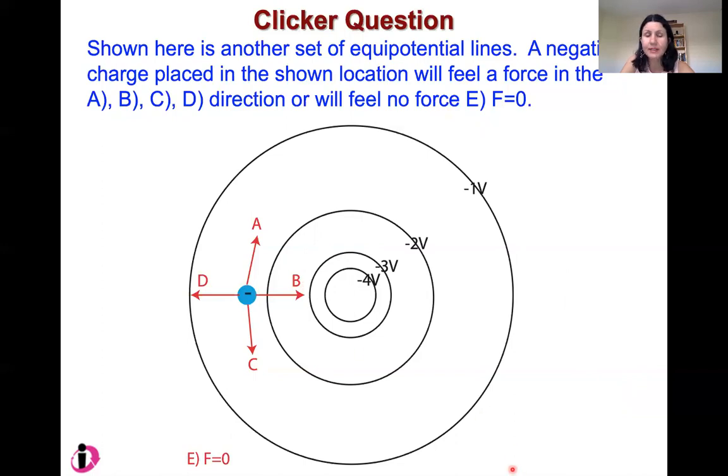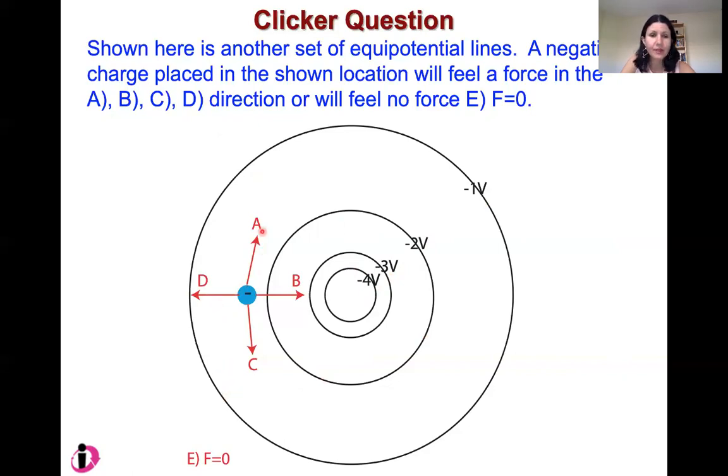Be careful, these are not the same as in the previous slide. Look at these numbers: now we have negative numbers and they're getting less and less negative. Given this negative charge that we put in these equipotential lines, in which direction does it feel a force?